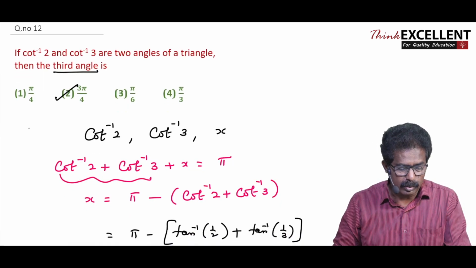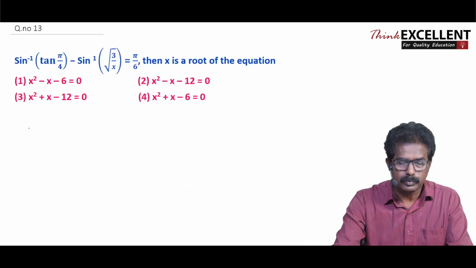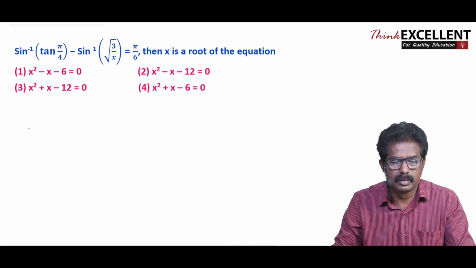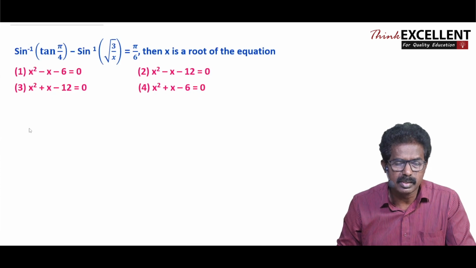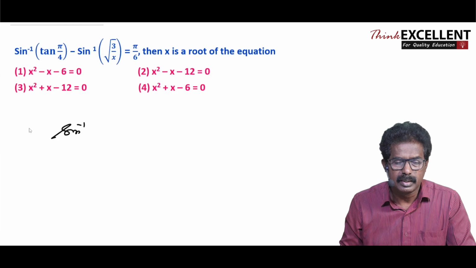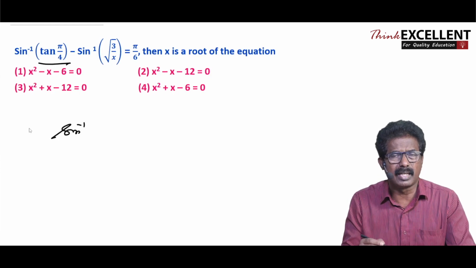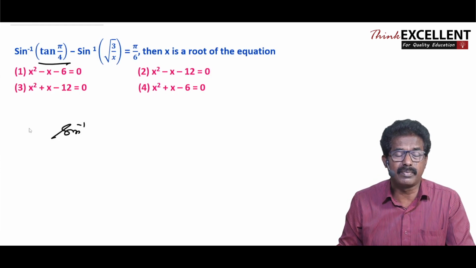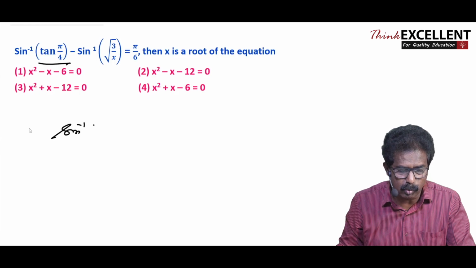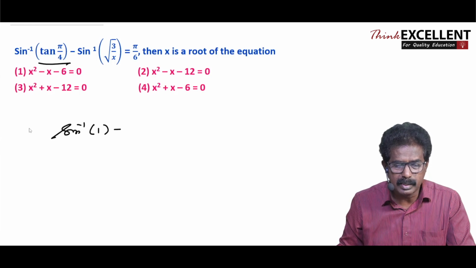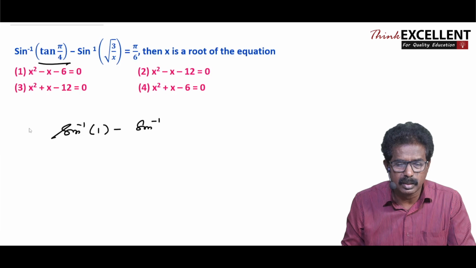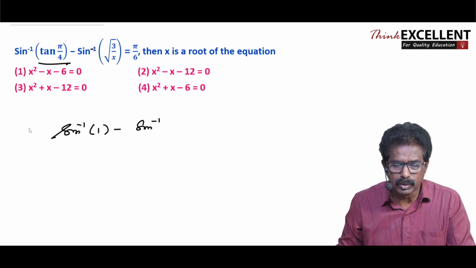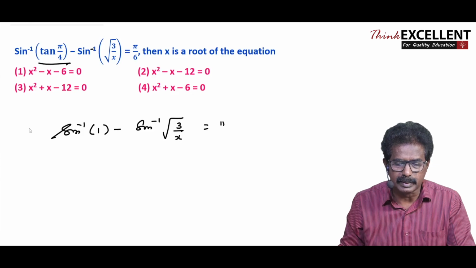Now let's move on to question number 13. Look at this question: sine inverse tan pi by 4. You know that pi by 4 means 45. Tan 45 is 1. So sine inverse 1 minus sine inverse √3 by x, which we don't know, equals pi by 6.